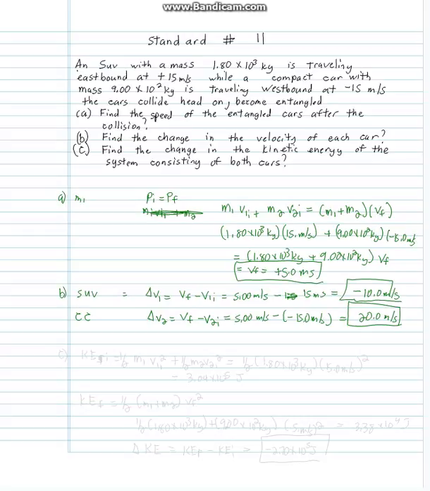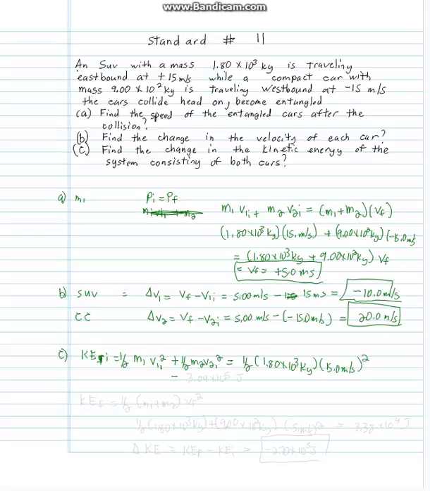For the last part, we're supposed to find the change in kinetic energy of the system. To calculate the initial kinetic energy of the system, we're going to use the formula KE of the initial equals 1/2 M1 V1I squared plus 1/2 M2 V2I squared, equals 1/2 times 1.80 times 10 to the third kilograms times 15.0 meters per second squared, and so on.